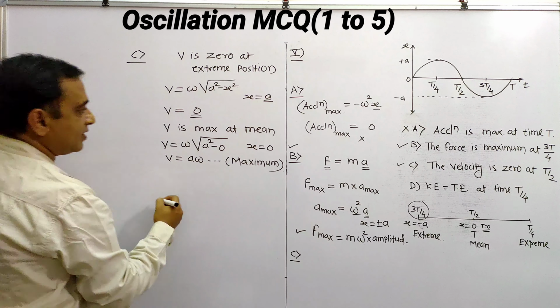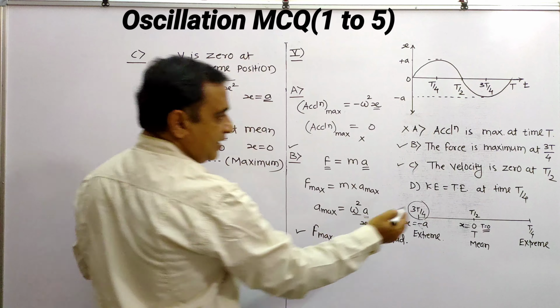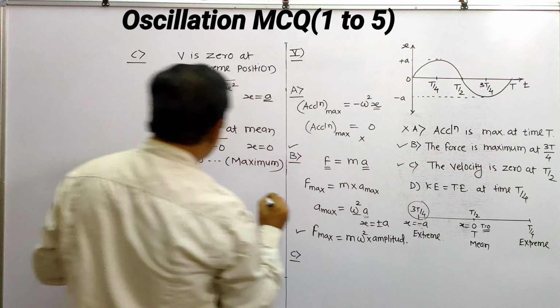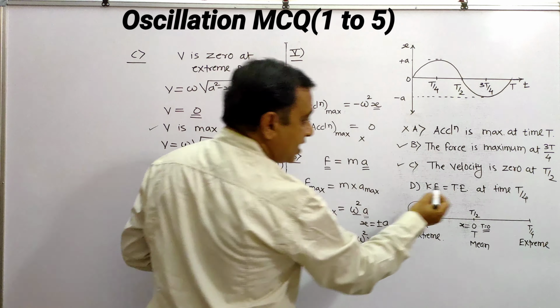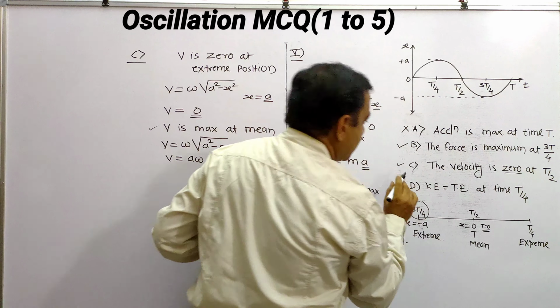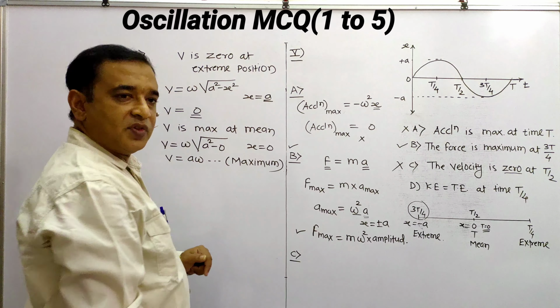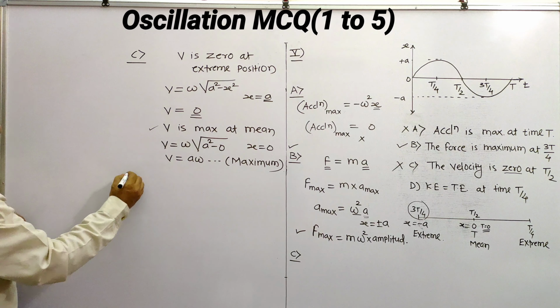But here at T by 2, which is at the mean, it is shown as 0. So this is not correct.